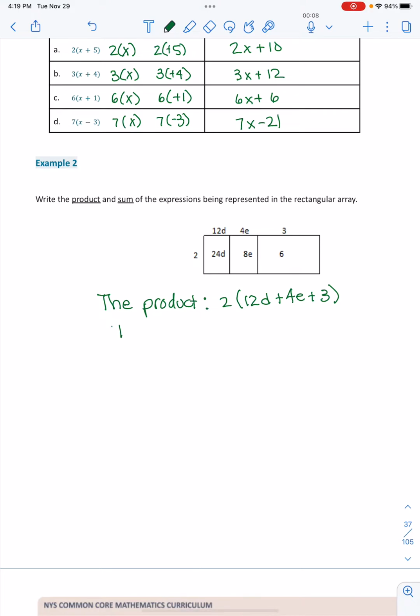The sum is the answer to that distributive property, which would be 24d plus 8e plus 6.